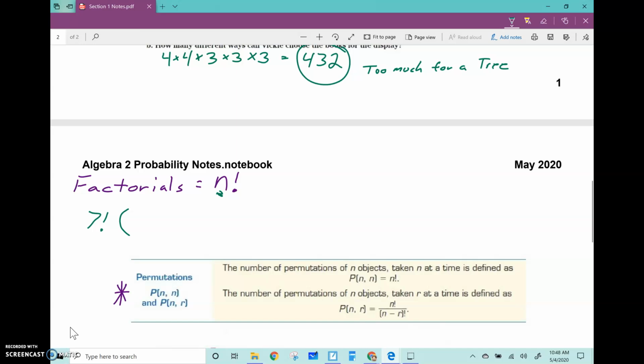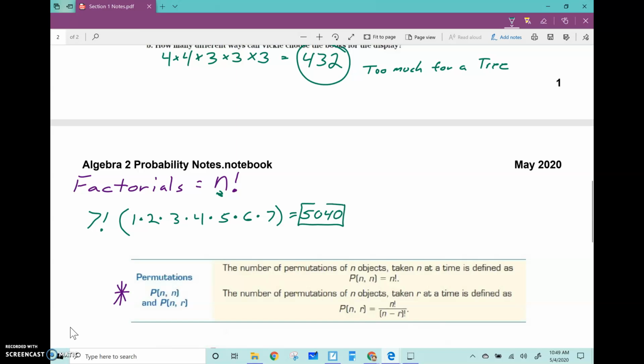So 7 factorial is multiplication. We're going to count up to 7: 1, 2, 3, 4, 5, 6, 7, and we're going to put multiplication signs in the middle of everything. In your calculator, you would just type in 1 times 2 times 3 times 4 times 5 times 6 times 7, and you would get 5040.